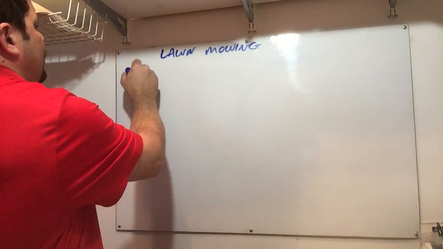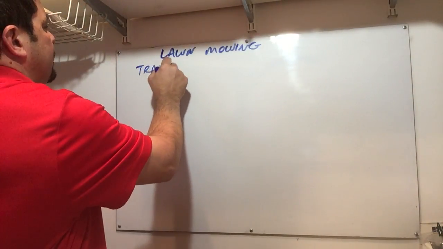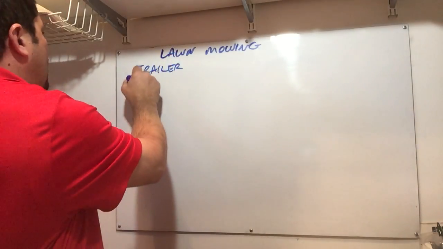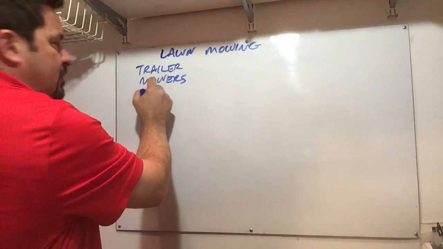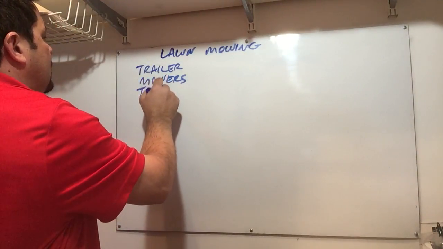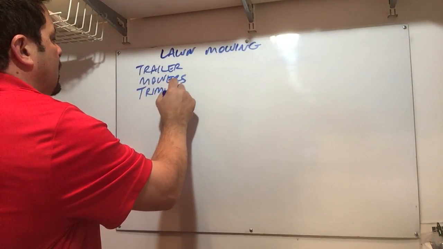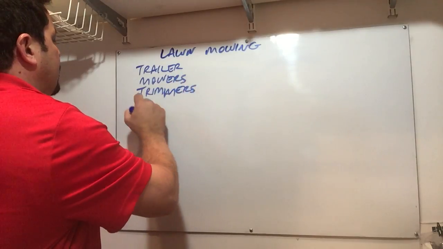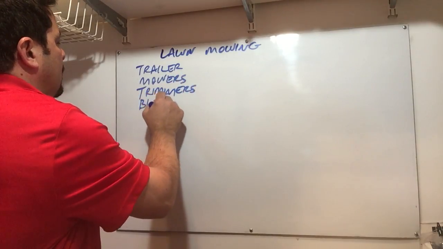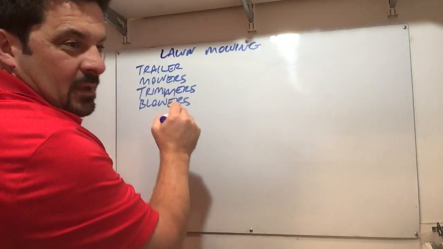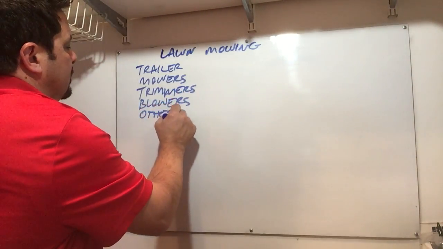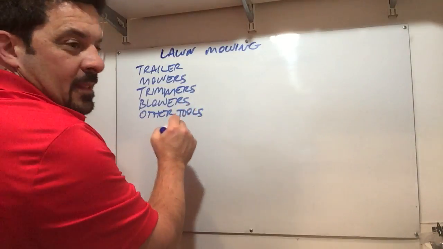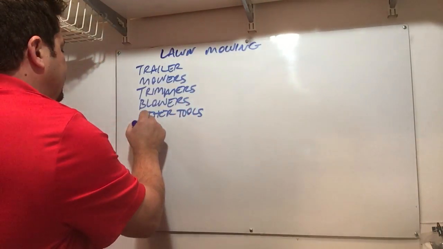So let's say we have a trailer, we have mowers, we have trimmers and blowers, we have other tools, chainsaw.